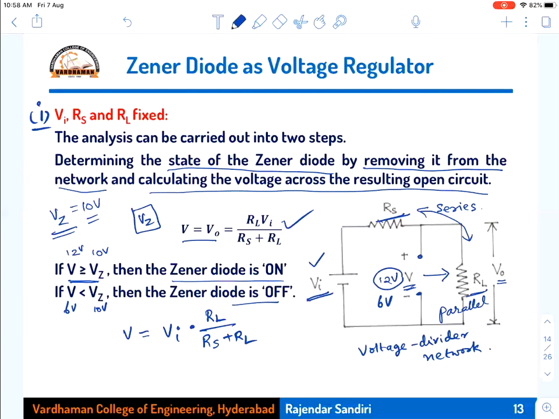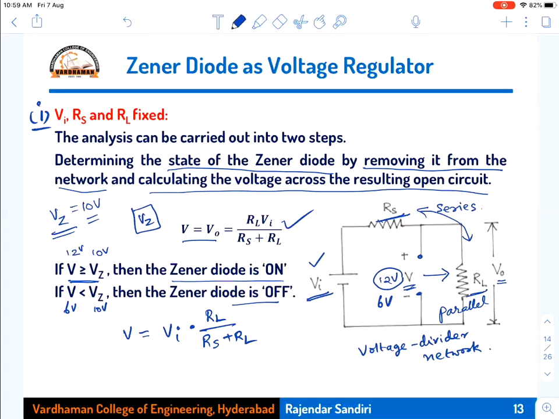Then it is of no use connecting that diode and making it a voltage regulator. When the diode is in the off state, it will no more be operating in the breakdown region, and that diode circuit is of no more use as a voltage regulator circuit.